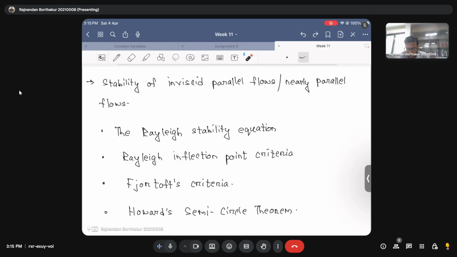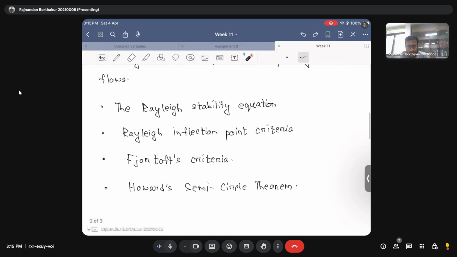Once we derive the Rayleigh stability equation, we will also look into how it can assess the stability of a certain base flow. For that, we will discuss three criteria. The first is known as the Rayleigh inflection point criterion.